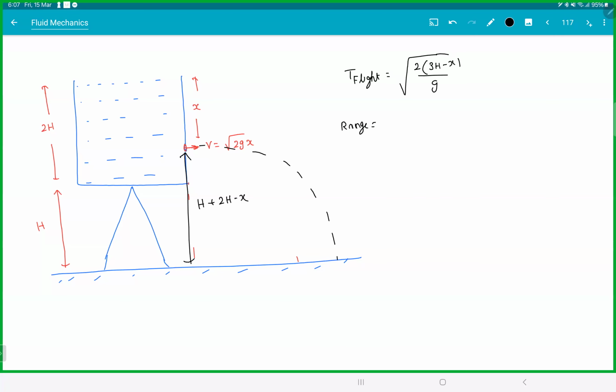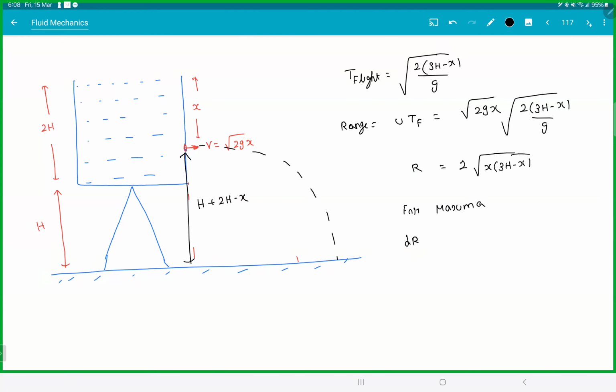Range is nothing but horizontal velocity into time of flight. So that would be root 2gx times root 2(3h minus x) by g. g will cancel, 2 will come out. You end up with root of x into (3h minus x). This is your range. You want to find maxima and minima.